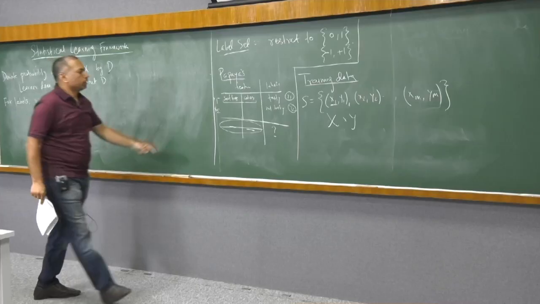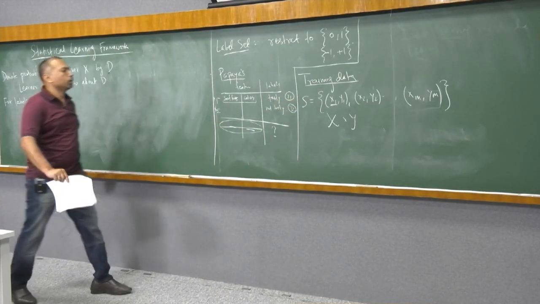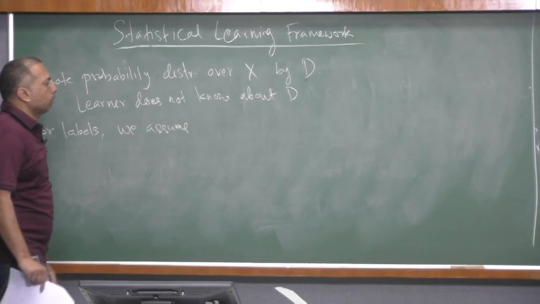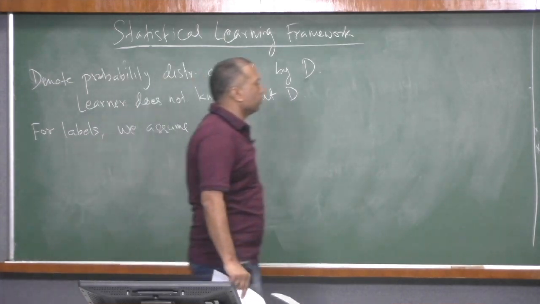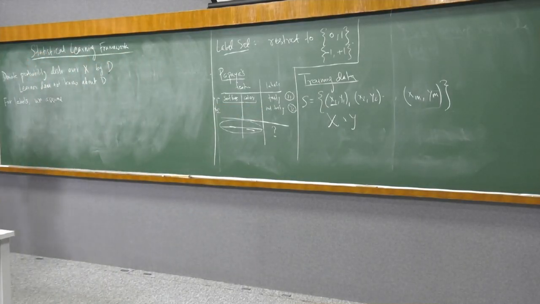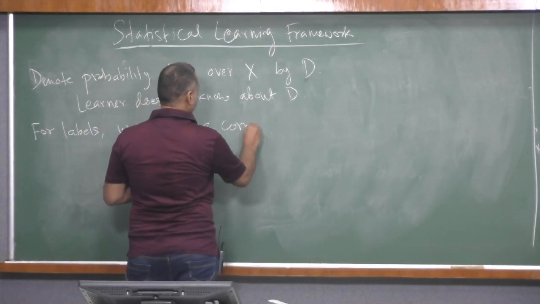So the labeling itself may go wrong. It depends on how the training data was created. But if we keep that aside, let us assume that the labeling that happened was correct.